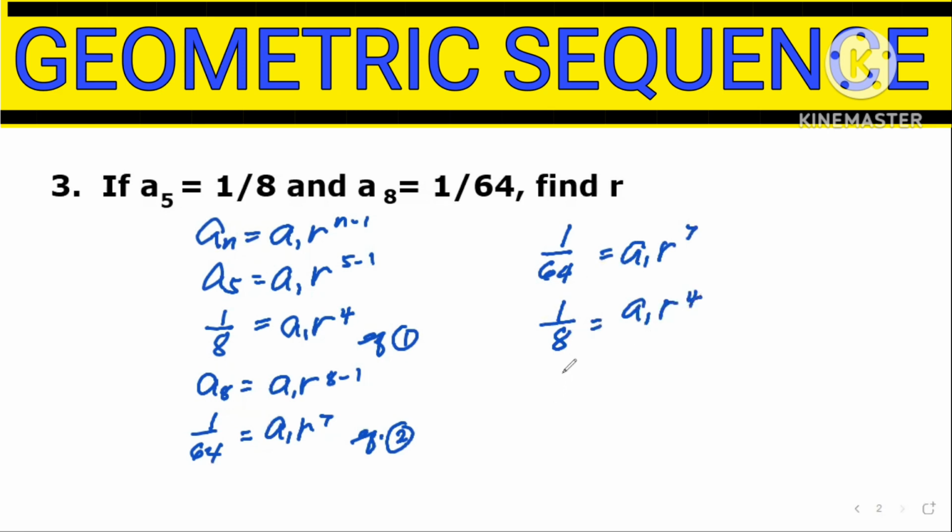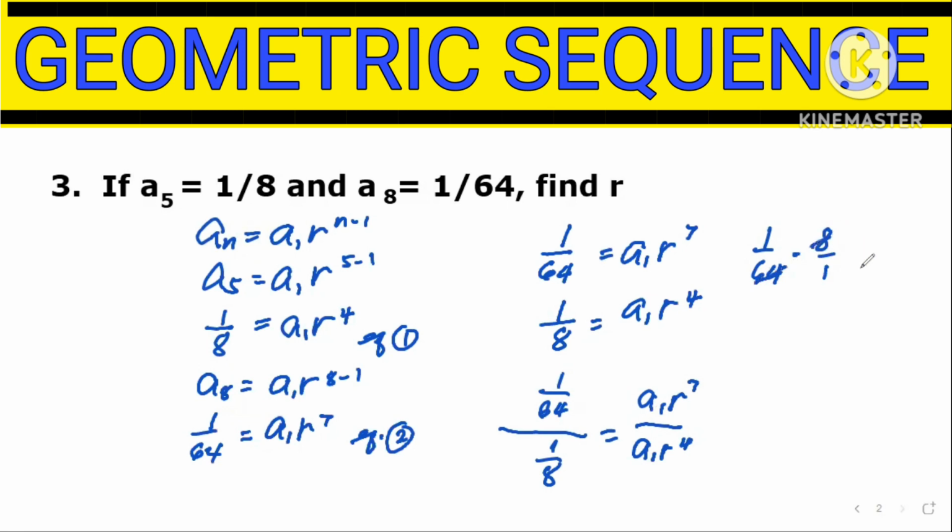Now, if we divide 1 over 64 by 1 over 8 and a1 r7 by a1 r4, 1 over 64 over 1 over 8 is 1 over 64 times 8 over 1. So we can cancel 64 and 8. Nangyayari, 8 na lang to.